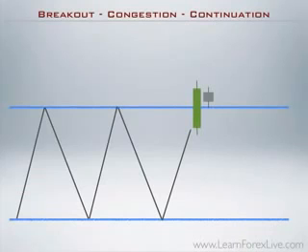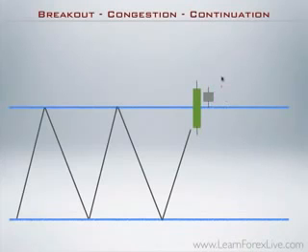We want to see a congestion bar after the breakout. Okay, congestion bar. We want to see a small candle with a small body and small wicks both up and down.